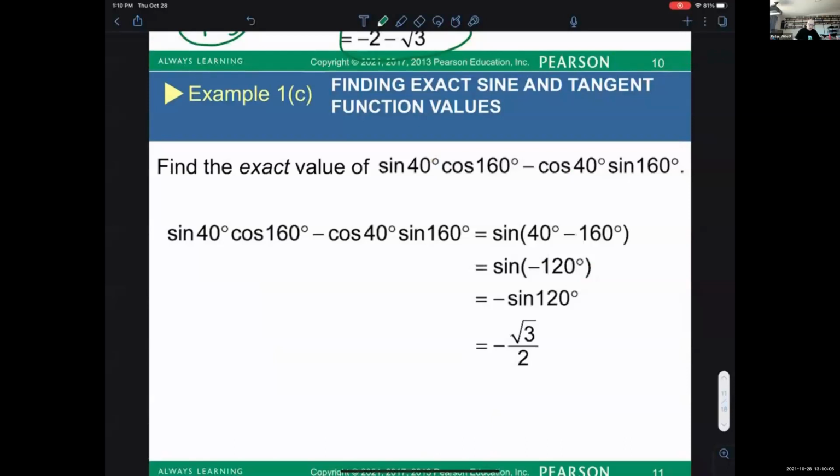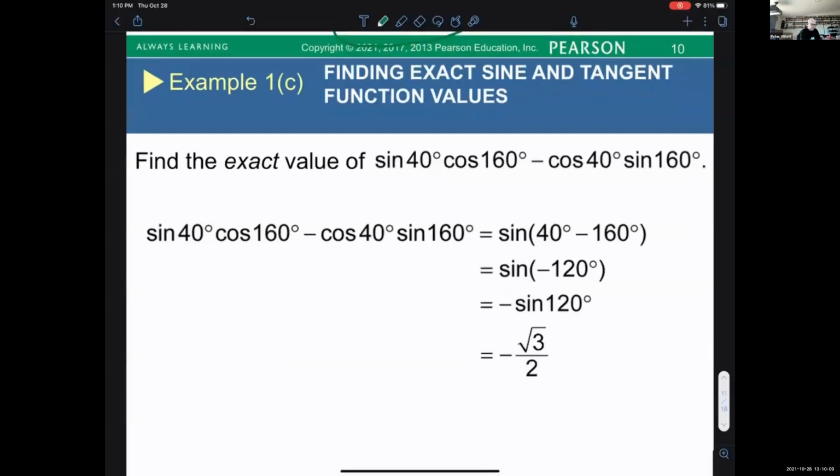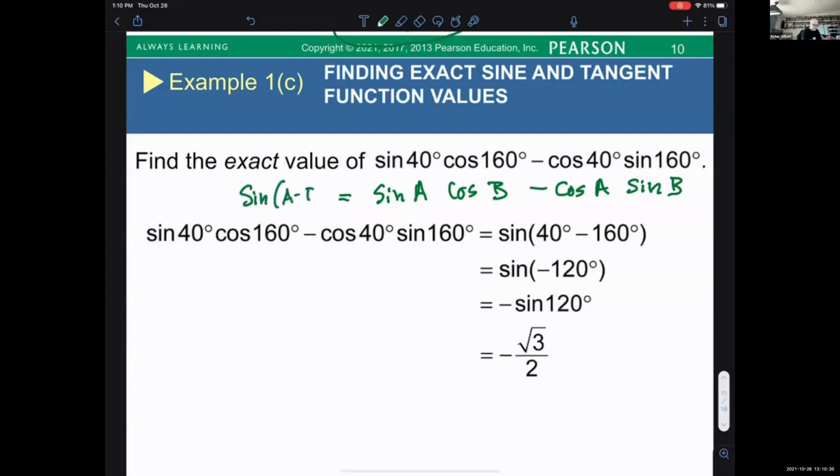And the thing to recognize here is that this fits the pattern of sine A cosine B minus cosine A sine B, and that is the pattern in the identity for the answer for sine of A minus B.